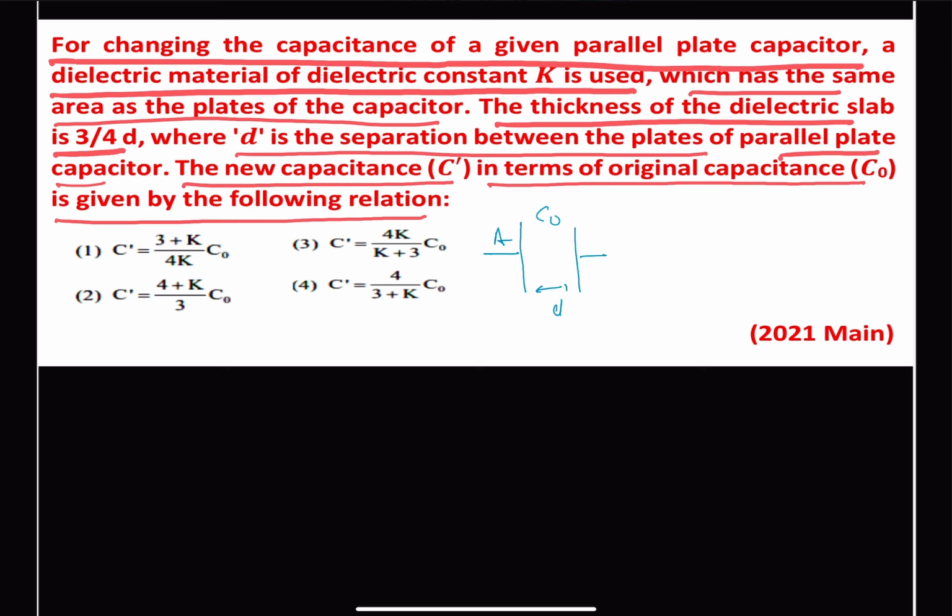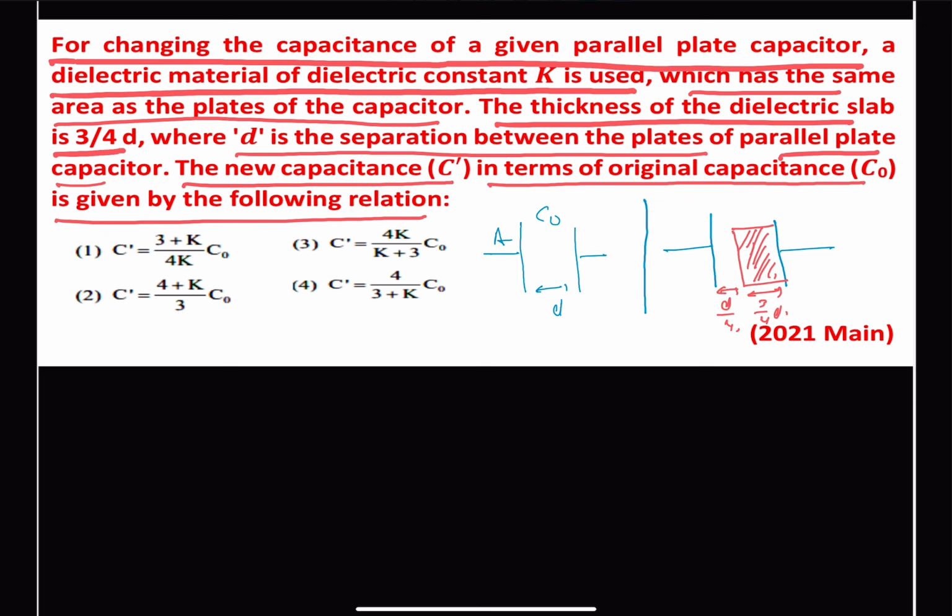In the second case, a dielectric is introduced between the plates and its thickness is given by 3/4 D. So this is the dielectric and its thickness is 3/4 D. So the remaining will be D/4.